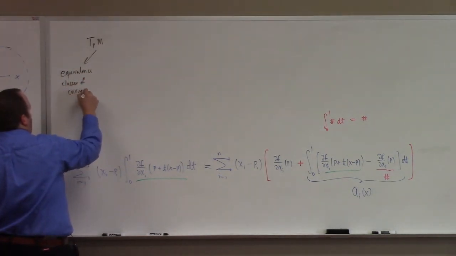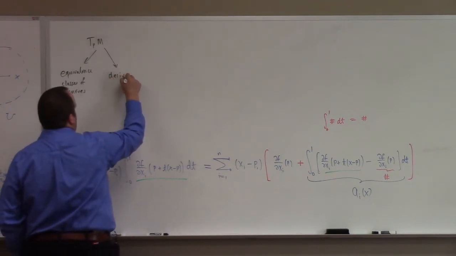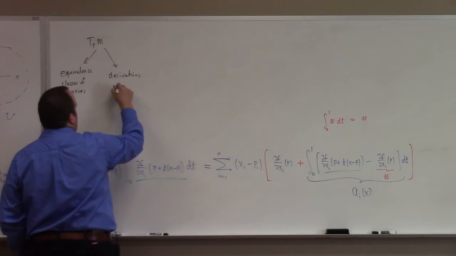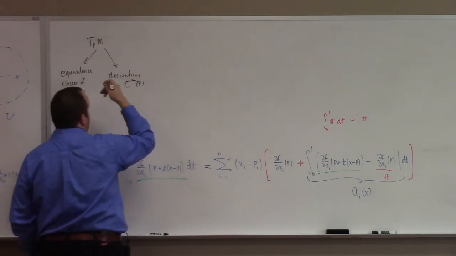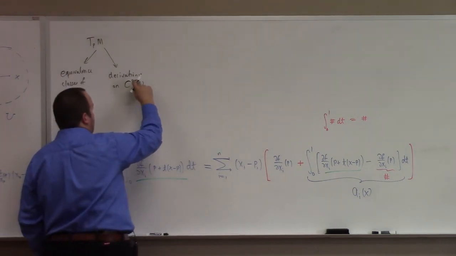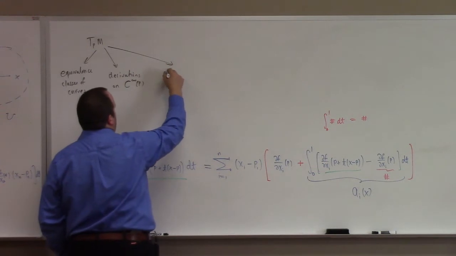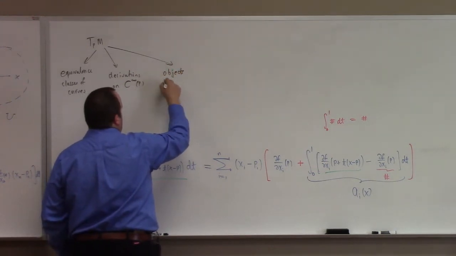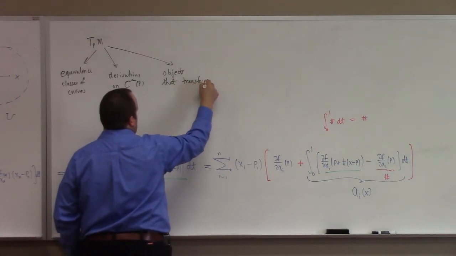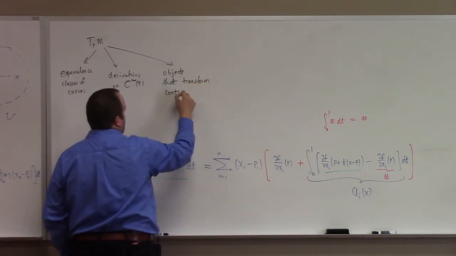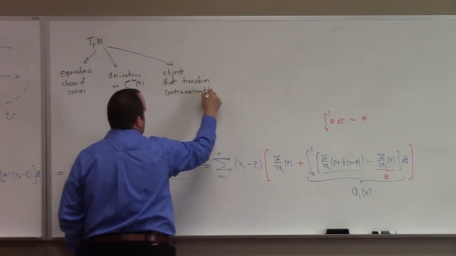We could look at it as derivations on the smooth functions defined near P, the germs of functions, if you want to get technical. And we could be like physicists, and say that they're objects that transform contravariantly. This is a very old school comment.